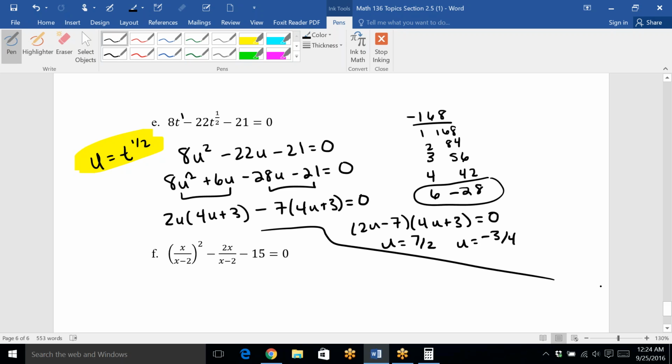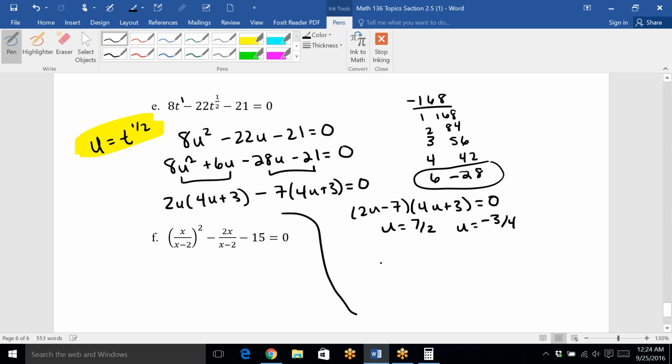Now, actually I'm going to erase this real quick so I can go back and extend this farther down. So when you plug back in, you're plugging in t to the 1/2 equals 7/2 and t to the 1/2 equals negative 3/4.